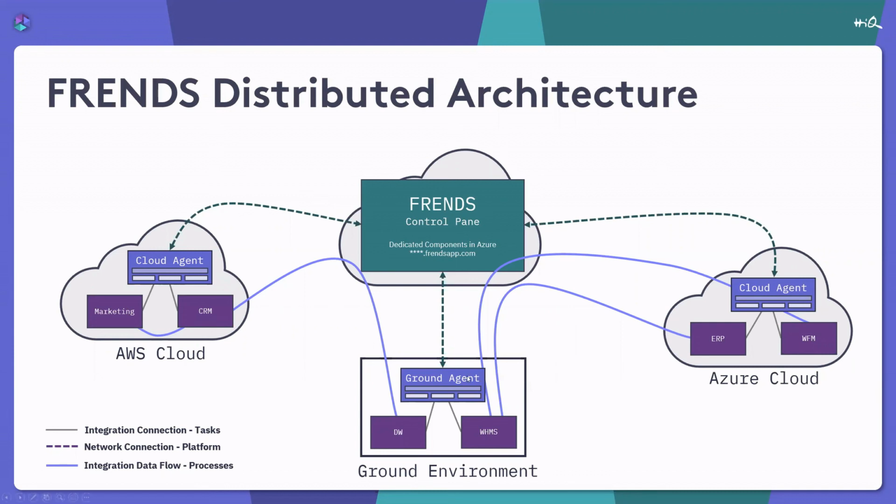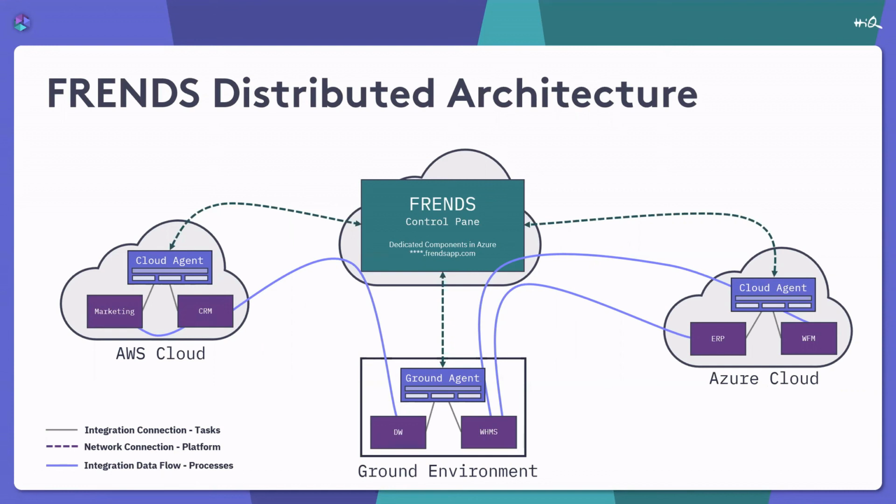But the interesting bit here is that if we imagine a scenario where we have, let's say, an AWS cloud environment set up somewhere, and we have some systems, microservices, whatever, located in the cloud environment, but we also have an Azure cloud environment, and we have a different set of systems or data that we would like to use in our integrations.